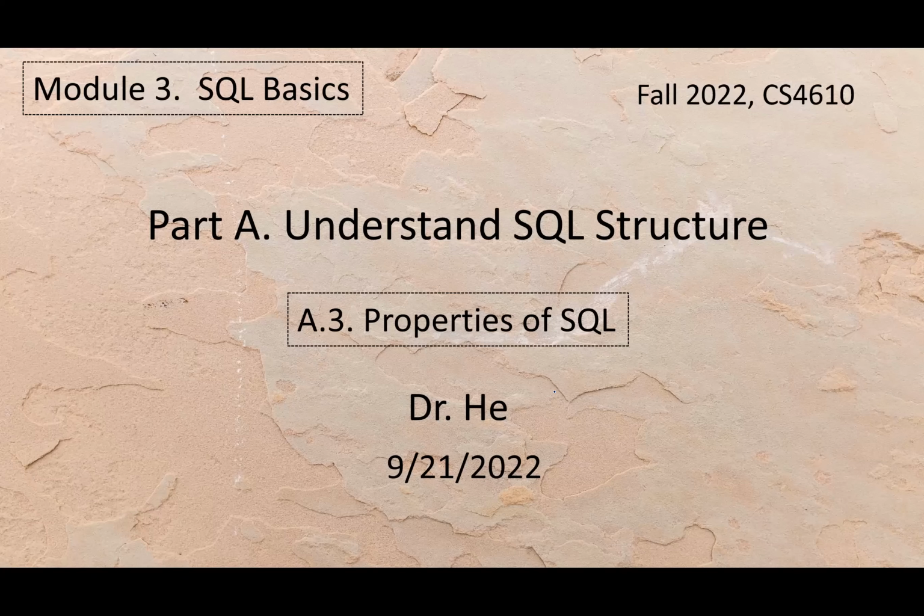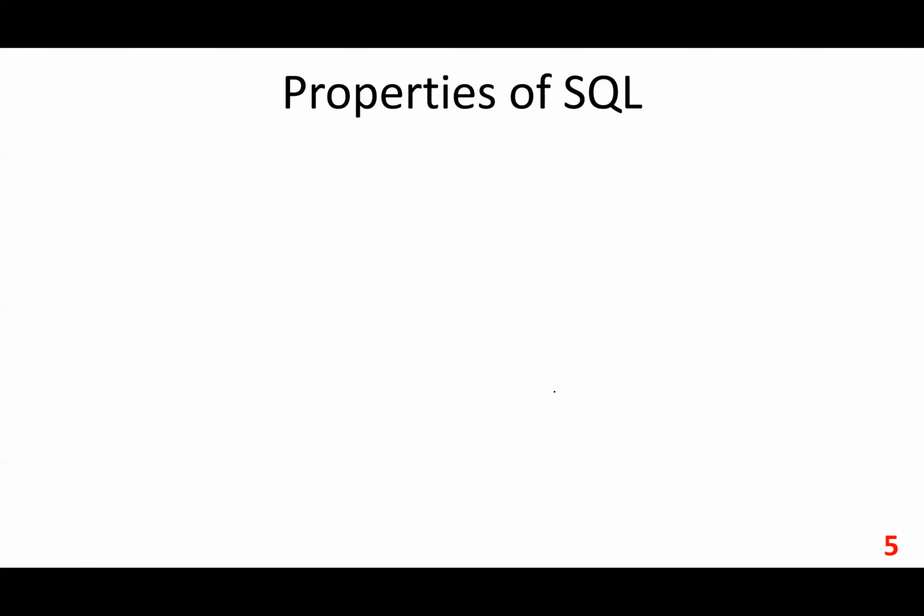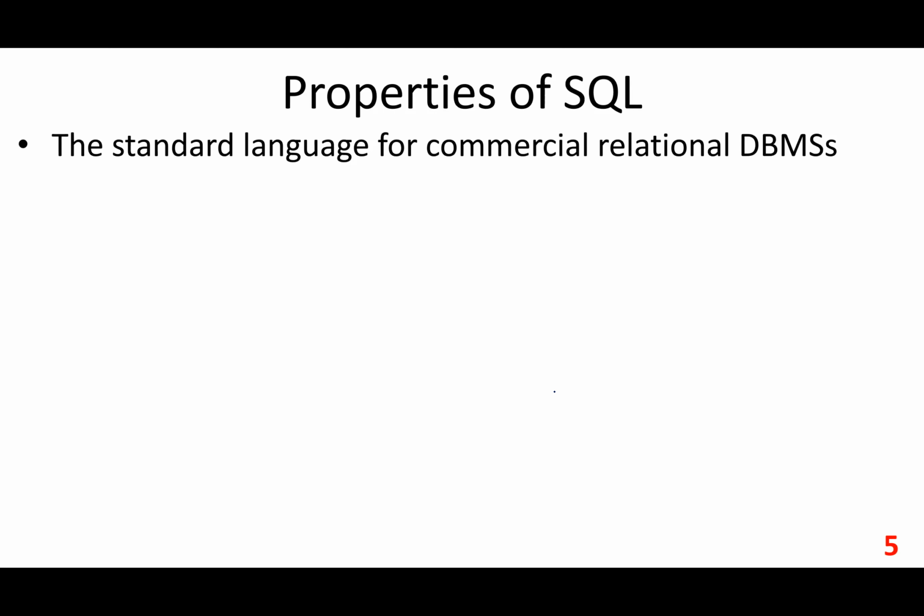Then we move to the next topic, properties of SQL. We try to learn important properties. Here I just use my old style. SQL is the standard language for commercial relational DBMS. I mentioned that before.